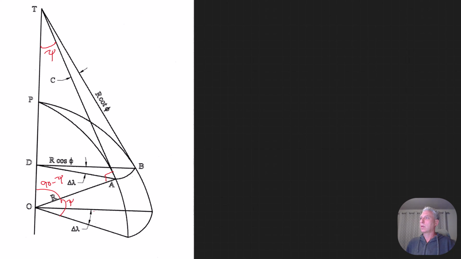And this, of course, is our delta lambda. Then this angle up here where C is, this is our convergence. We used that along with the definitions of the lengths of the sides to derive an exact formula for convergence.